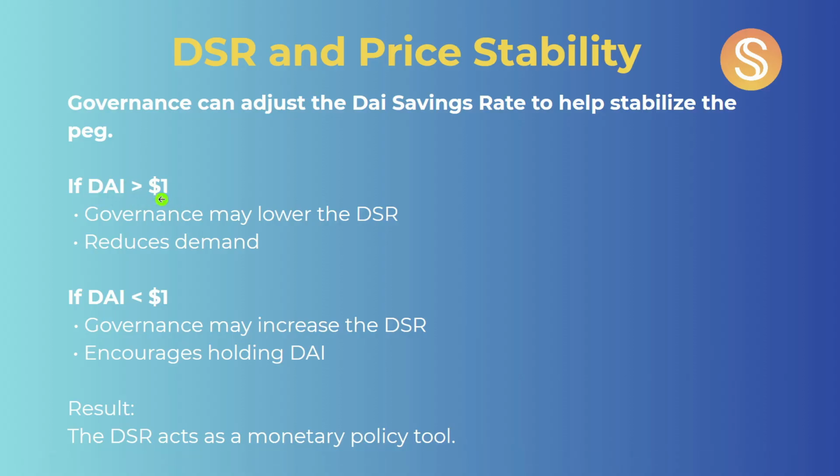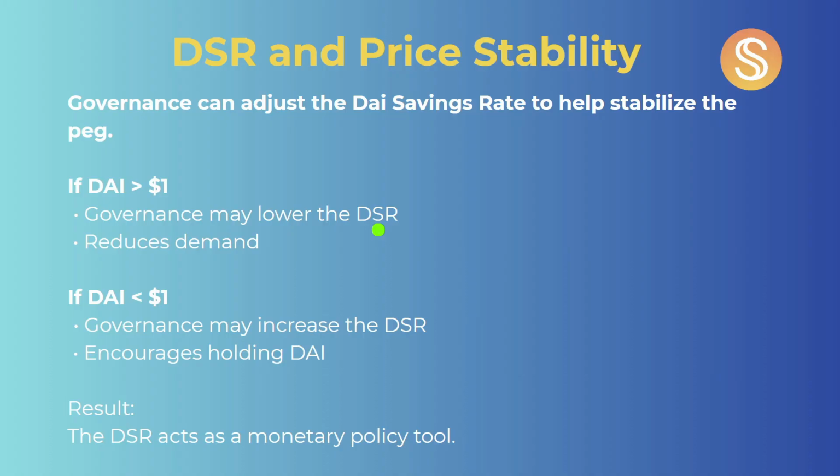to bring DAI back to the peg, so bring DAI lower to $1, the governance may lower the DSR, so it can lower the yield due to people that lock DAI into the protocol.